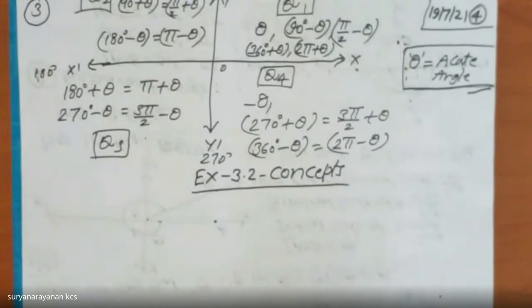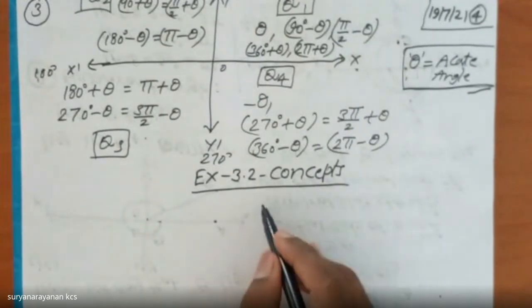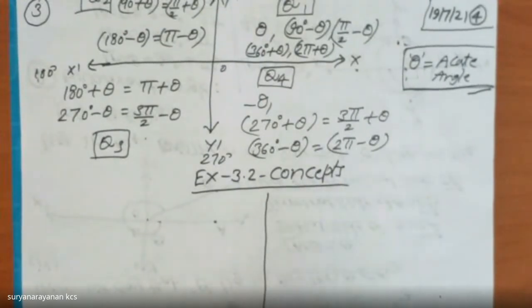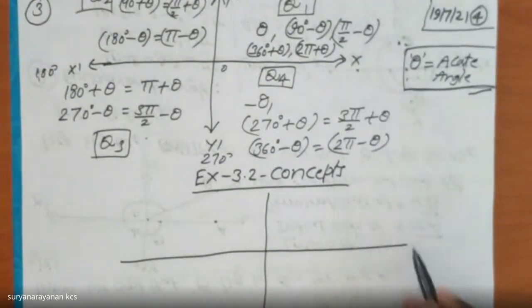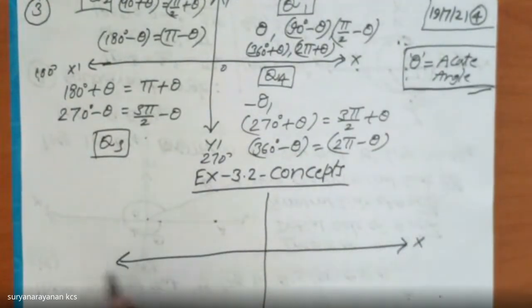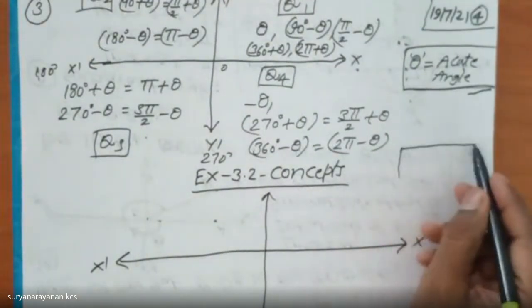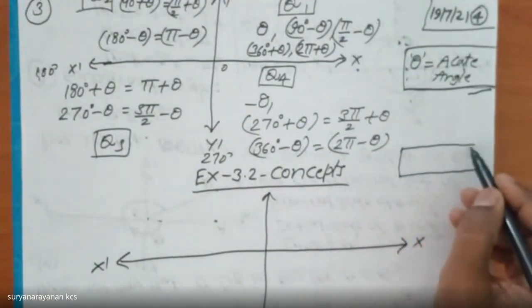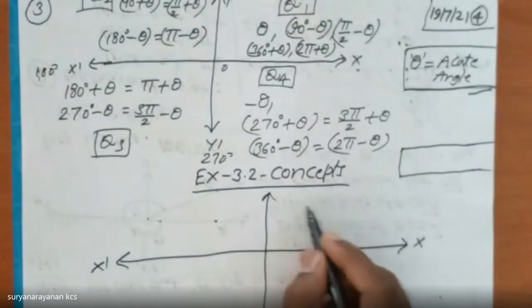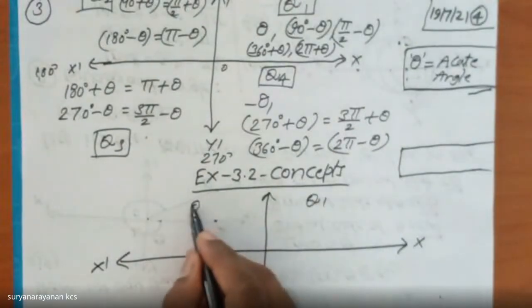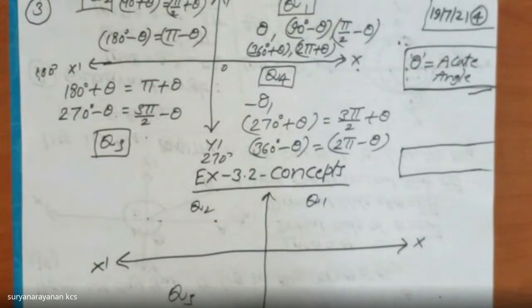Now let us take the sign. What is the sign? In the first quadrant, this is Q1, this is Q2, this is Q3, and this is Q4.